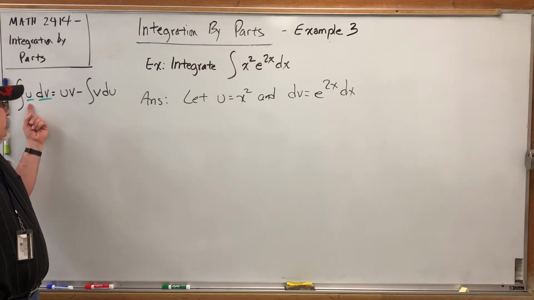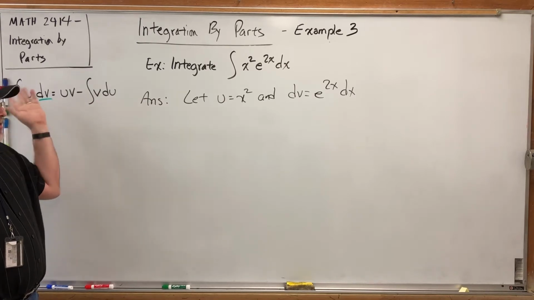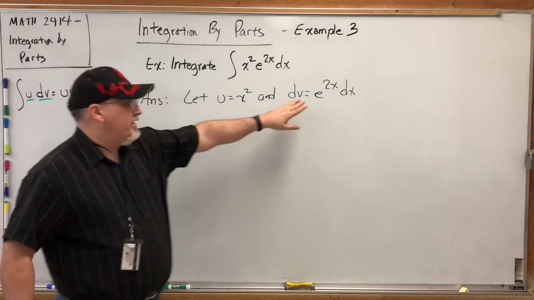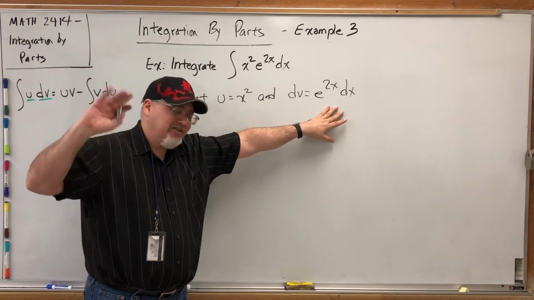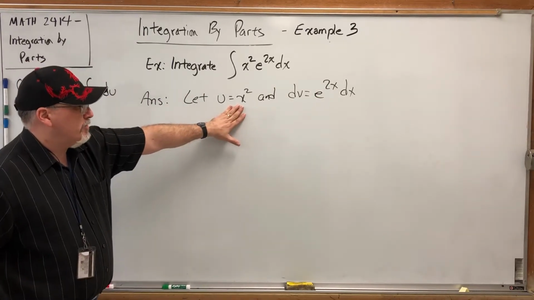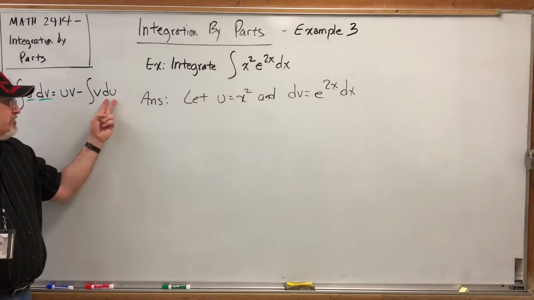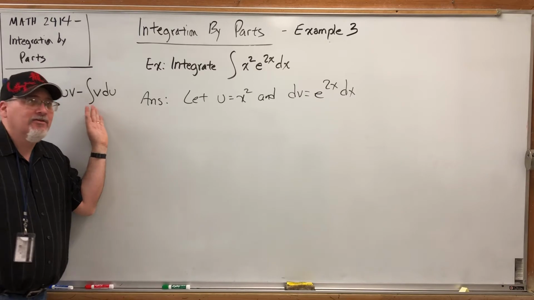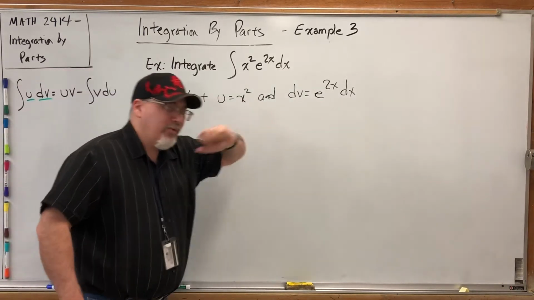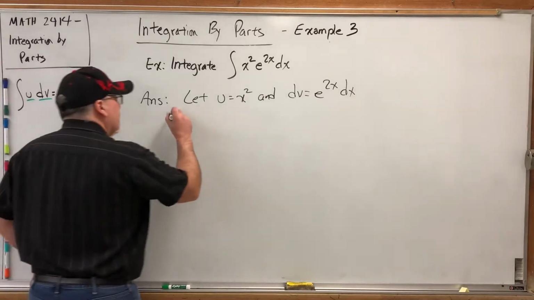When we define the u, we take its derivative to build the second integral, and we integrate the other part. Well, when you integrate an e, it stays an e. We'll have to balance out the 2x with the substitution. But when we differentiate the x squared, it becomes a 2x. And so when we put the du here, it's going to still have an x attached to an e, so we won't be out of the woods yet. But let's run with this and see what happens.